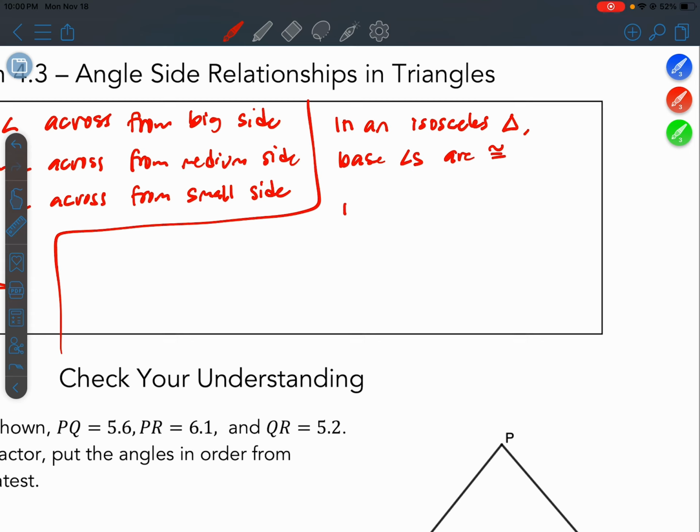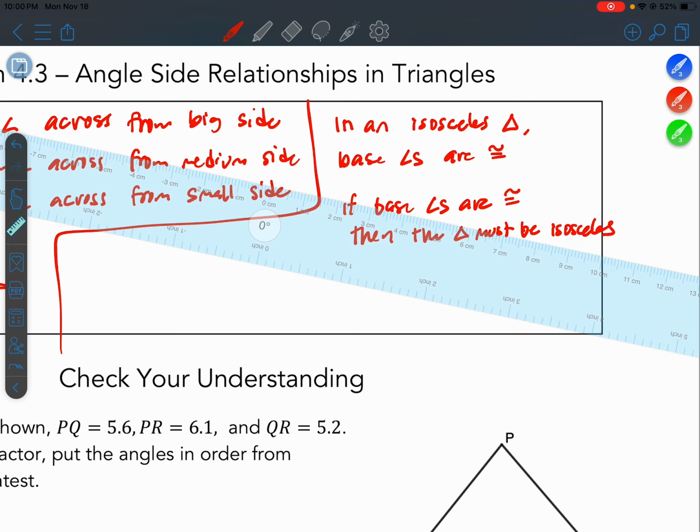Okay. Also, if the base angles are congruent, then the triangle must be isosceles.